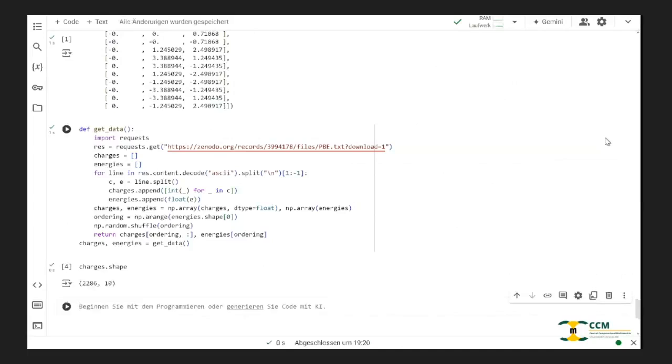That's how many molecules we have in that database. And it has 10 values. Why is that? Each of those molecules in the database is given by its nuclear charges only. We have naphthalene.